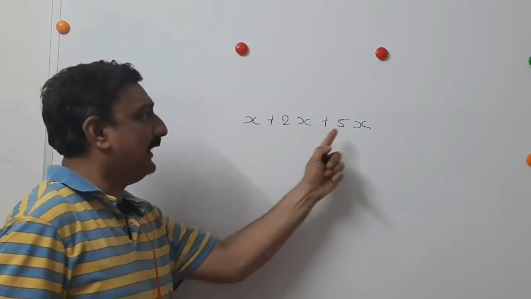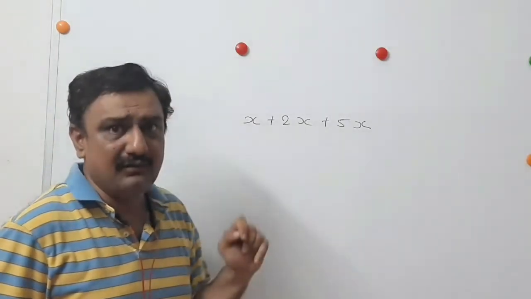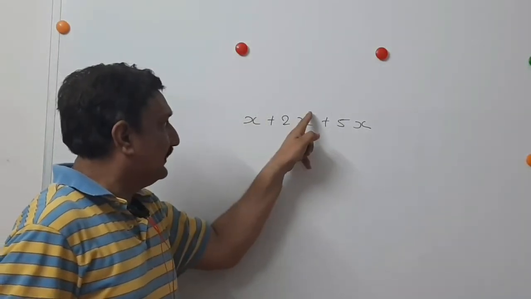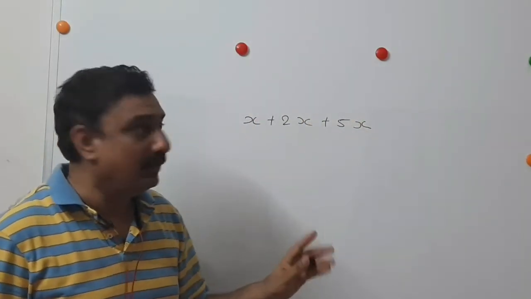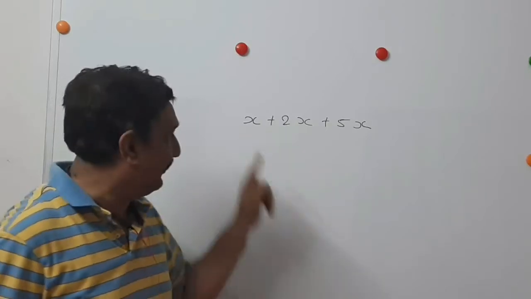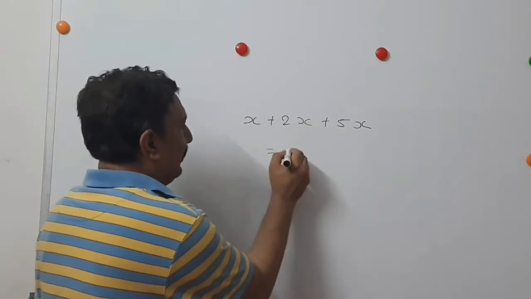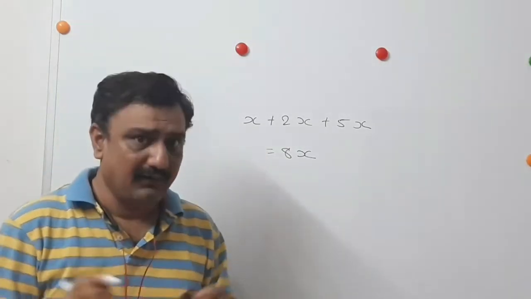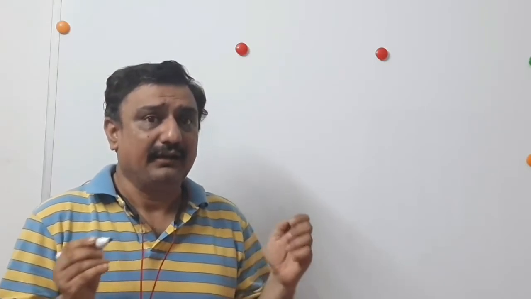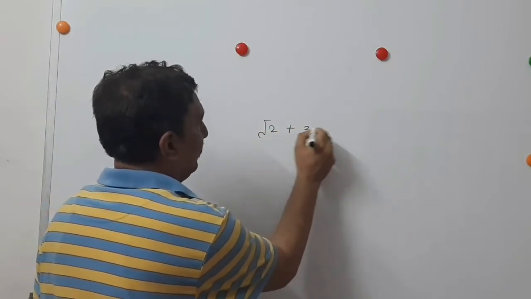Here x, 2x and 5x are like terms because they have the same variable as well as the same degree, 1. So we just add the coefficients: 1 plus 2, 3, plus 5, that is 8, and keep the variable x as it is. So the sum is 8x.